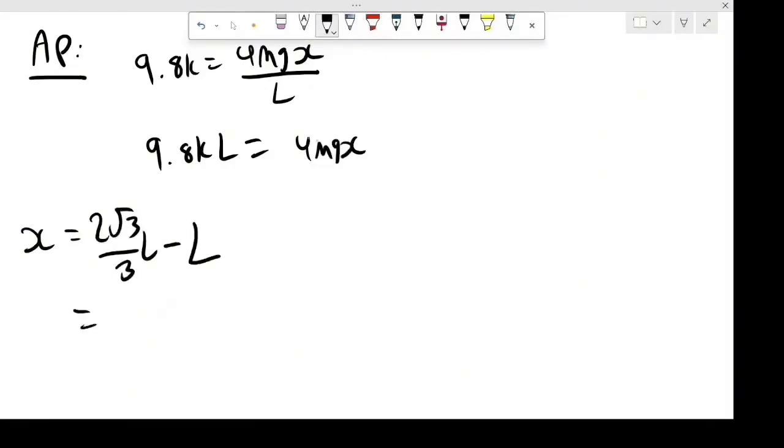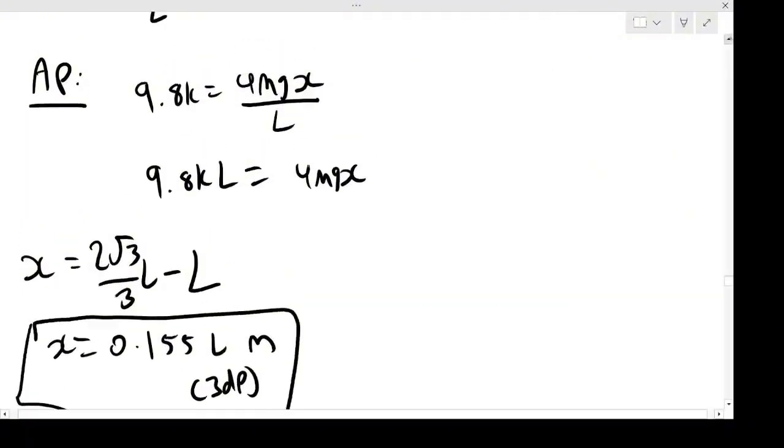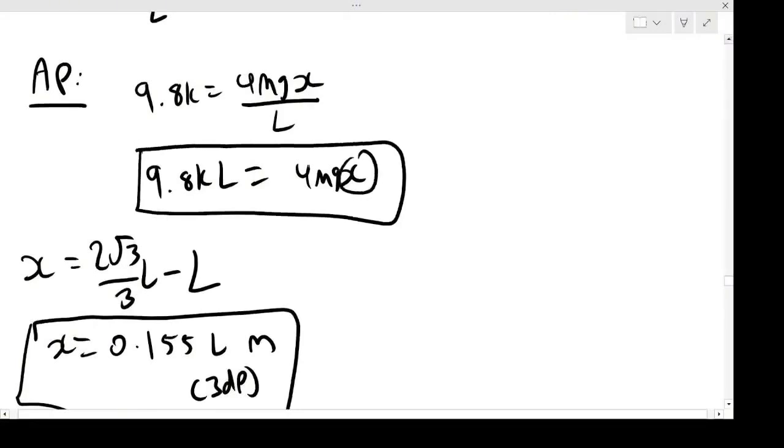If I work that out, that's going to be 0.155 lots of L. And there we are. So now I could substitute that value of X into here.